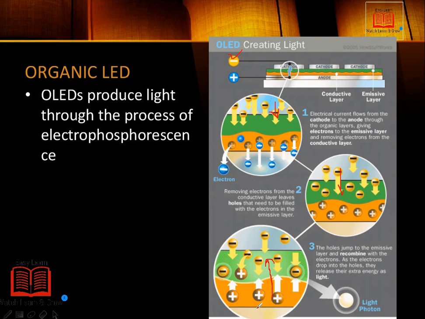When these holes move towards the electron side, because they are at higher potential right now, they will release energy in the form of photons, and the photons are light. So light will be emitted towards this upper side.